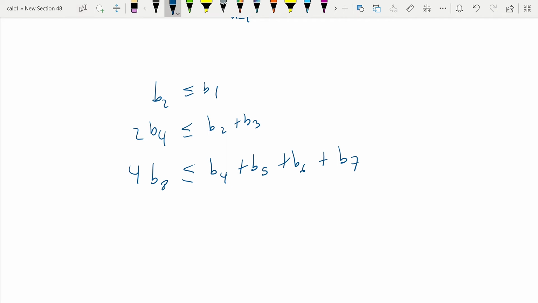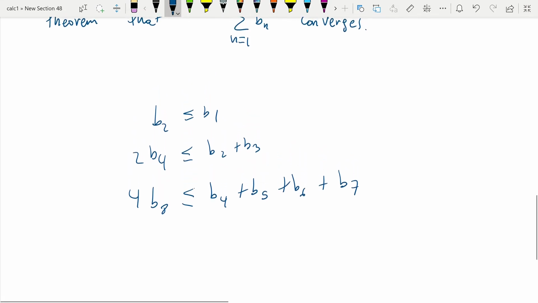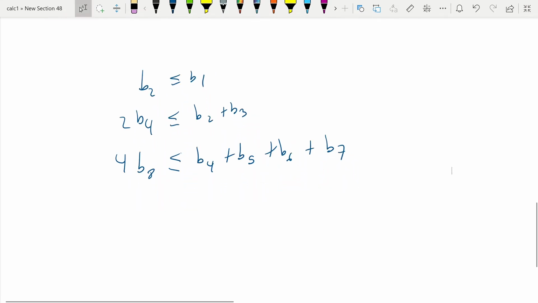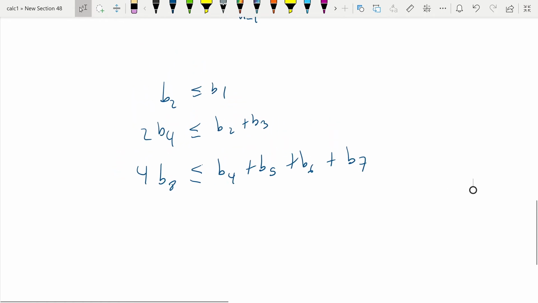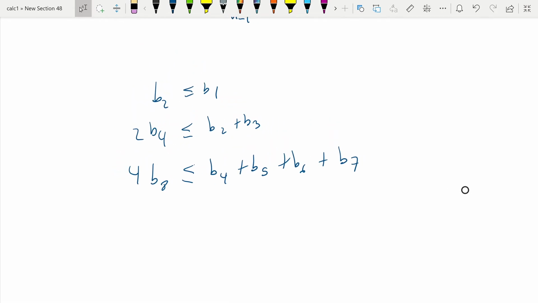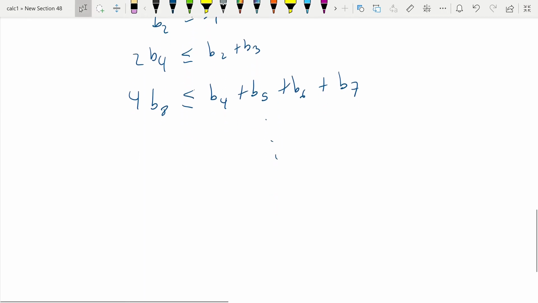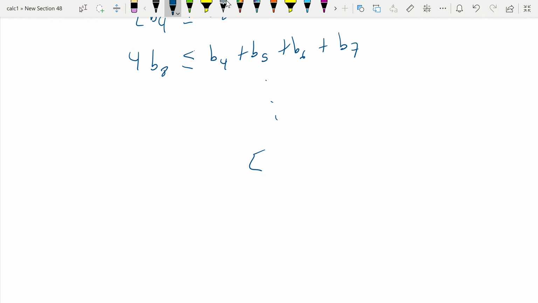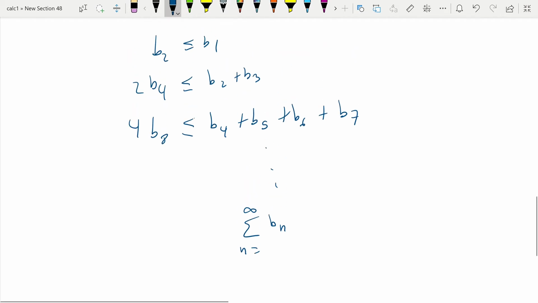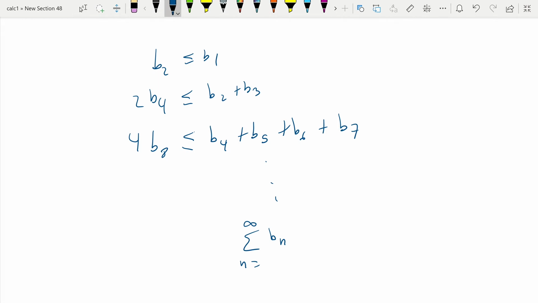And you see what's going on now. So now we do the same thing with all the other terms. And what you have here is, if we add everything on this side, I mean, you have to write this down rigorously, but you see where I'm going now. On this side, I would get the sum of the bn's, adding b1 plus b2 plus b3 plus b4 plus b5 plus b6 plus b7.